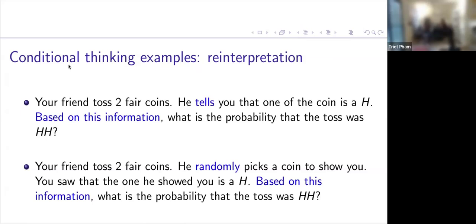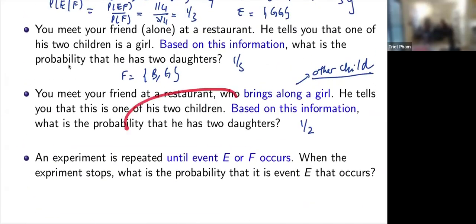But if you eliminate boy-girl, whatever, you're trying to say that the daughter he brings into the restaurant is an older daughter. Now, that information is not in the problem.